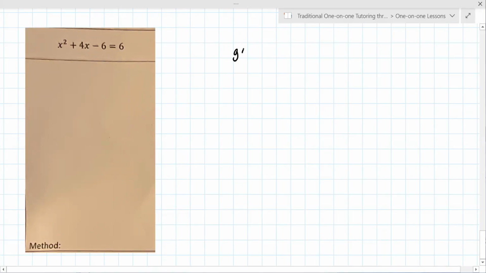So your goal is generally to get all terms on one side of the equation, and it's usually the left side. In this case, you can see there's 1, 2, 3 terms on the left. Remember, terms are separated by plus or minus, but we need to move this 6 to the other side. How do we move 6 to the other side of the equation?